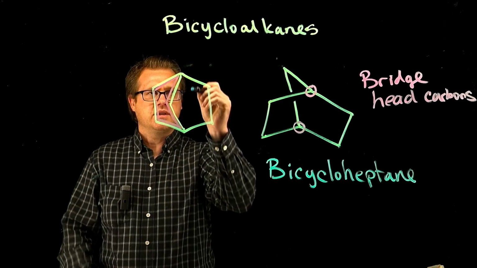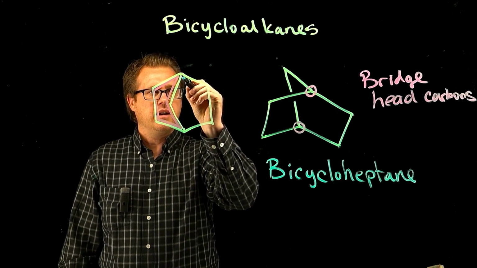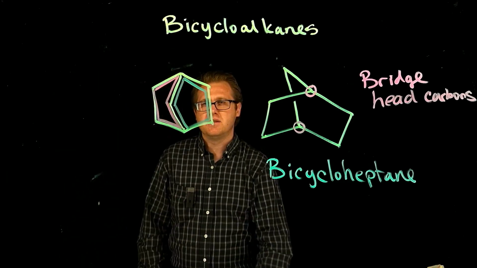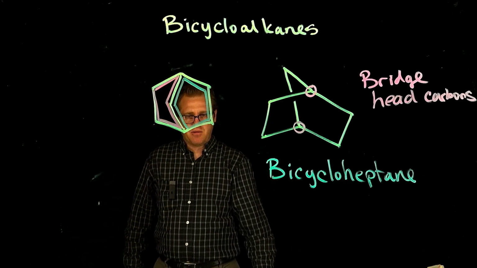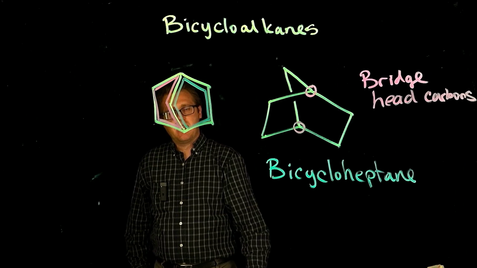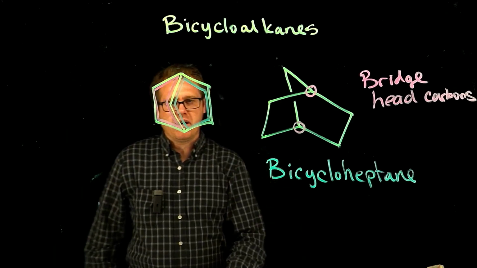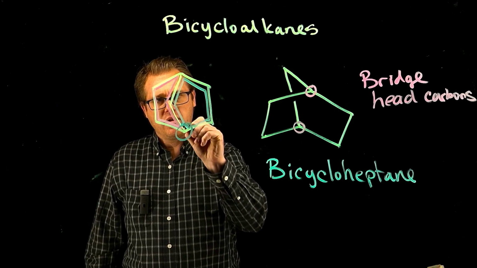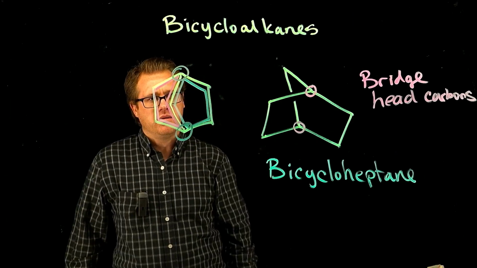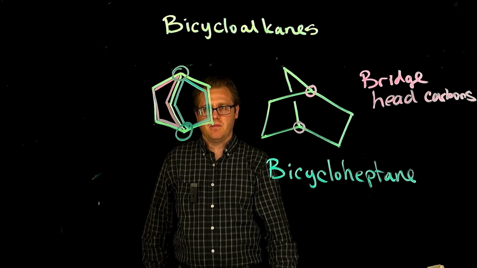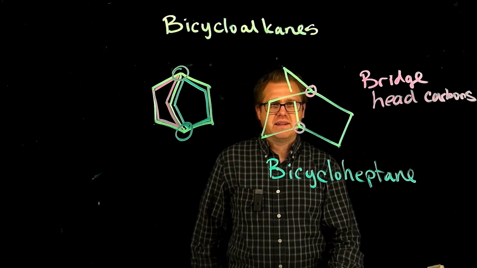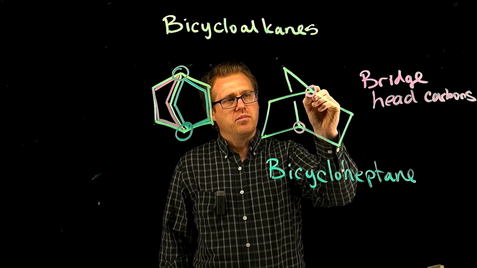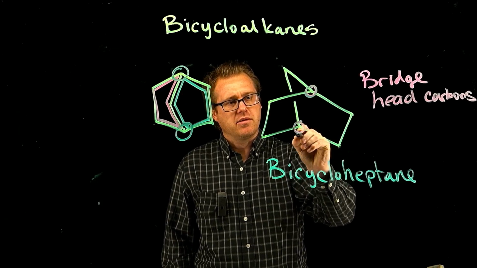And then I can also see the second ring right there. So I have that pink ring and that blue ring, and where are they joining together? They're joining together right there. And so that's what we see in this structure. These are our bridgehead carbons right there.